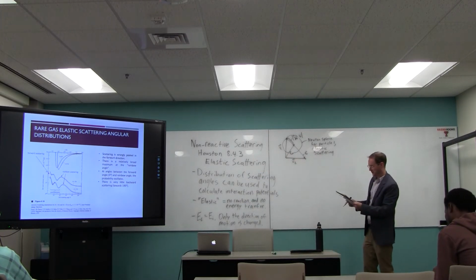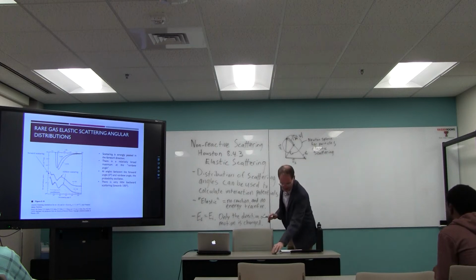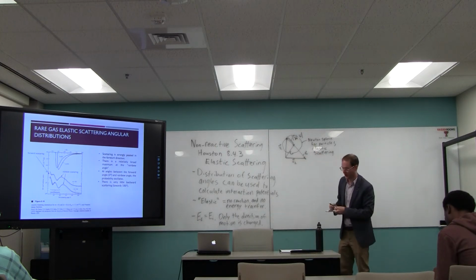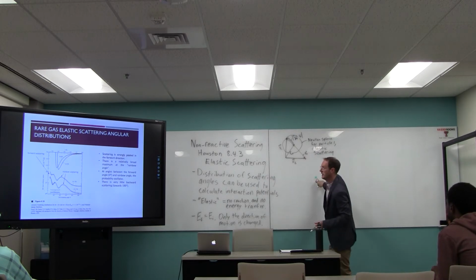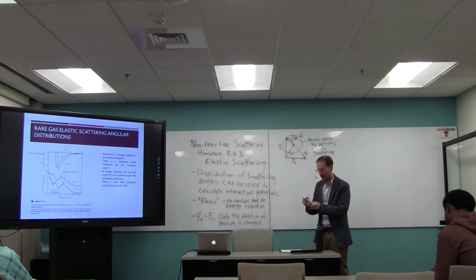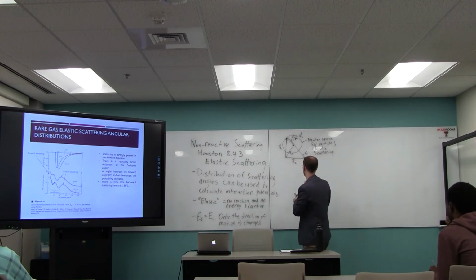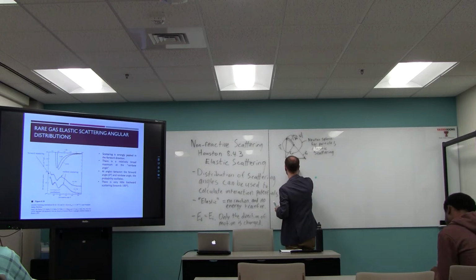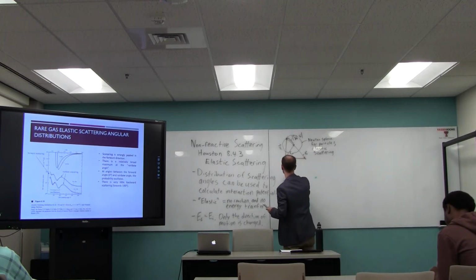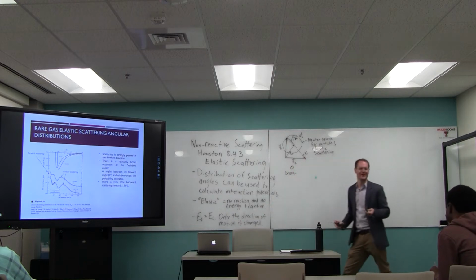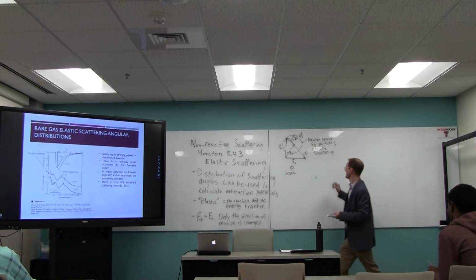Okay, so what does this look like if you consider different impact parameters? So let's first consider the case where, maybe this is a krypton atom in green, and then in black I'll draw an argon atom. Okay, so in the first case, let's say you have large b, much greater than the rainbow impact parameter.